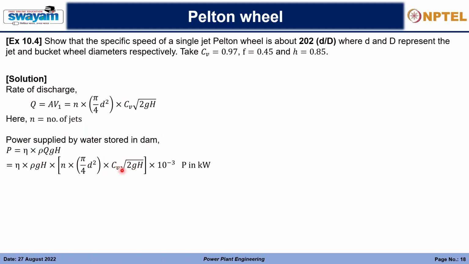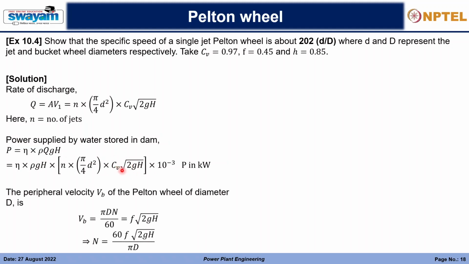Then we calculate the peripheral velocity VB of the Pelton wheel of diameter D, and finally get the RPM at which the bucket is moving. That is based upon the speed ratio and the total head.